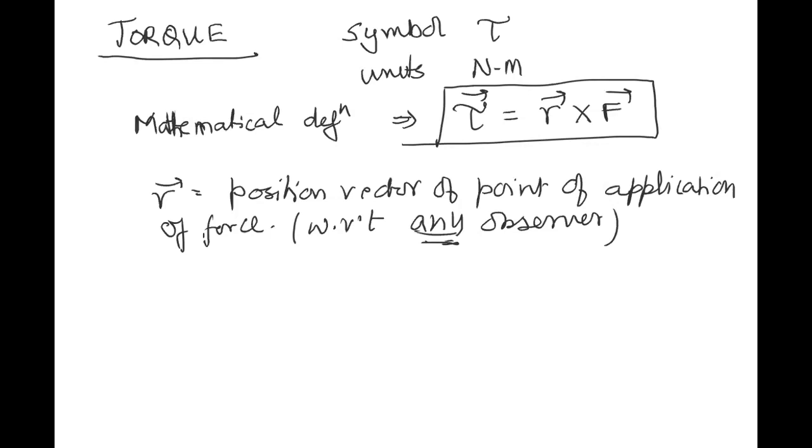Now we have an additional burden, although it will not be a burden for us, because for us the choice of origin will be very limited. But in theory, you can have an infinite number of choices of origin, and for each origin you may get a completely different value of torque.